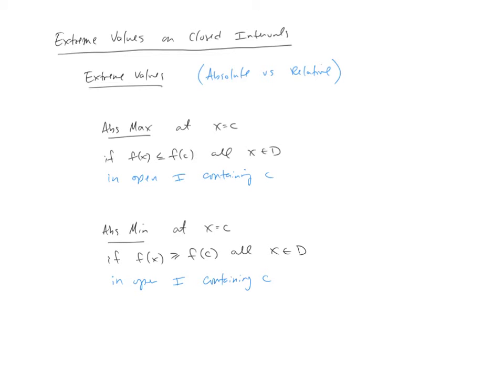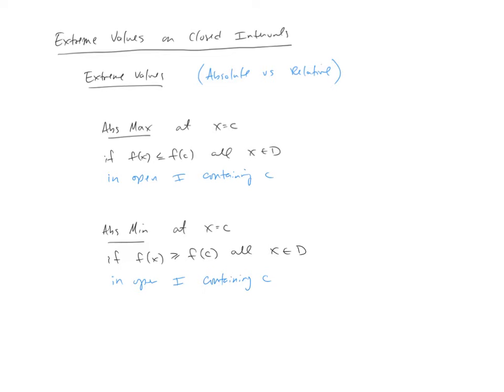But what it does is it now says we don't care about the entirety of the domain. We want our interval to be within the domain, of course, but it's just going to be in the nearby vicinity of c. It doesn't have to be the overall highest point or lowest point. It just has to be the highest or the lowest relative to its surroundings or nearby.